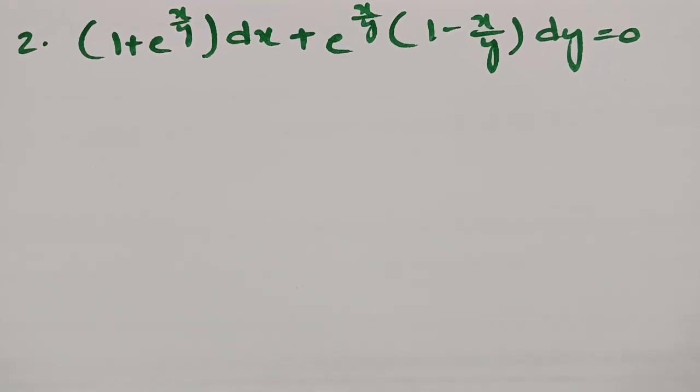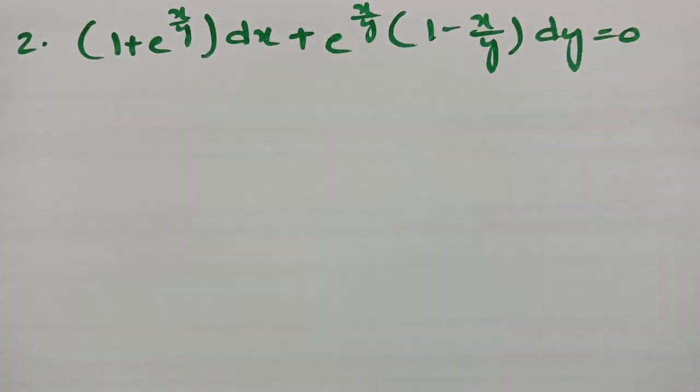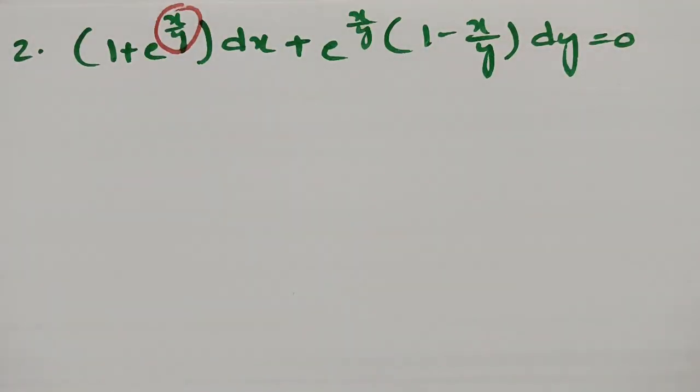So here I have told you one logic in my first question, that if the variables are uniformly distributed, identify it as a homogeneous differential equation. Here if you observe, there is a constant one here and there is something here. So how to recognize it's a homogeneous differential equation? See, first of all, if you look at this fraction, there shouldn't be any fractions here.